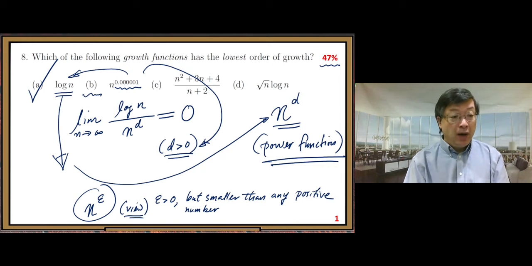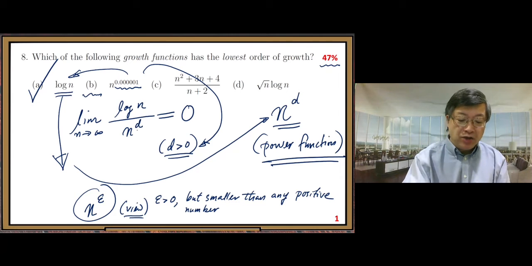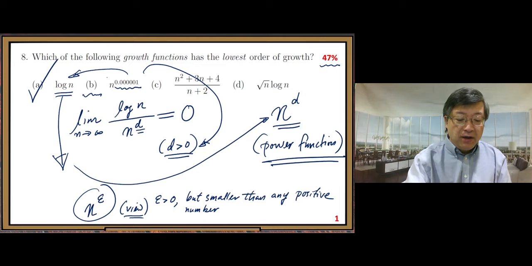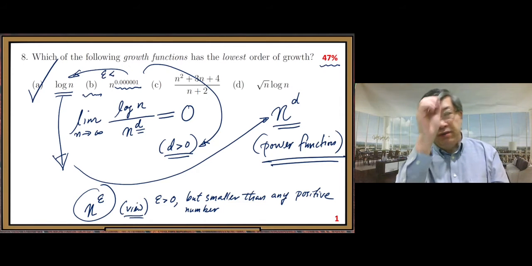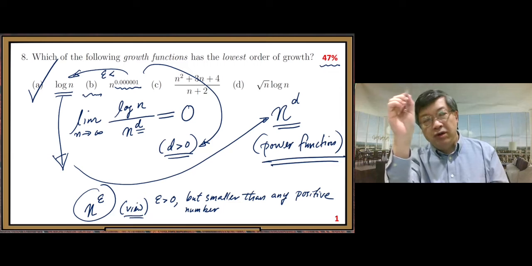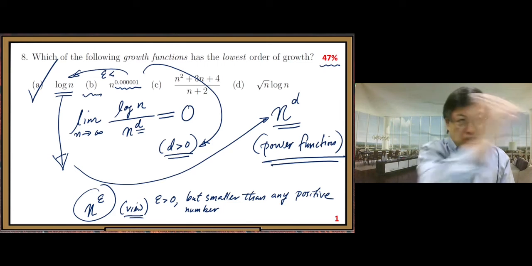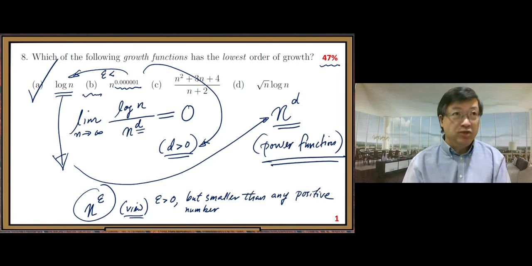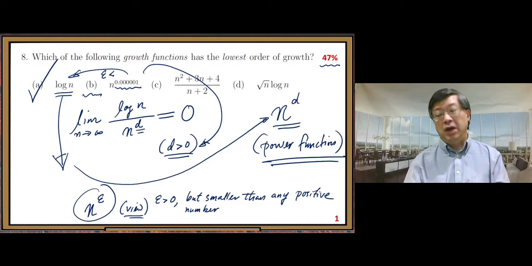But it has to be smaller than any positive number d. Here epsilon is less than 0.00, many zeros after the decimal point, less than that. If you use that way, now you can see log of n should be smaller than option B function.